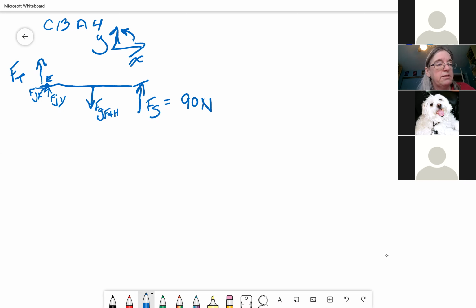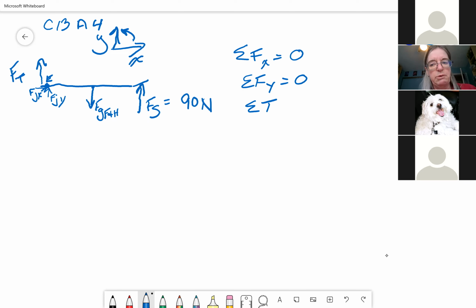They're not moving. So it is a situation where we're in equilibrium, so that the sum of the forces in the x direction equals 0, because basically force equals mass times acceleration, and acceleration equals 0. Sum of the forces in the y direction equals 0, and the sum of the torques.